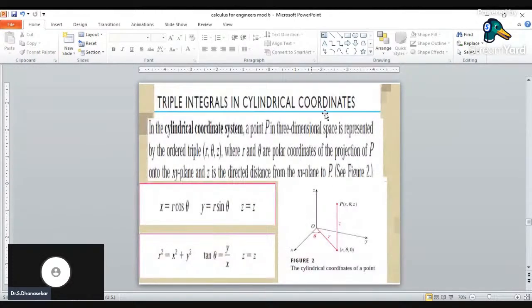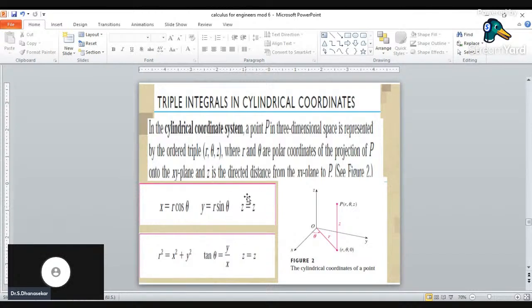Okay. Now, triple integral in cylindrical coordinates. What is meant by cylindrical coordinates? Cylindrical coordinates are a combination of polar and Cartesian. If I have a three-dimensional point, it can be obtained by using polar coordinates together with a distance. So my cylindrical coordinates are nothing but x equal to r cos theta, y equal to r sin theta, z equal to z.